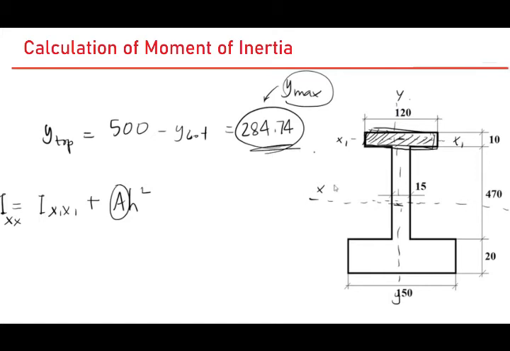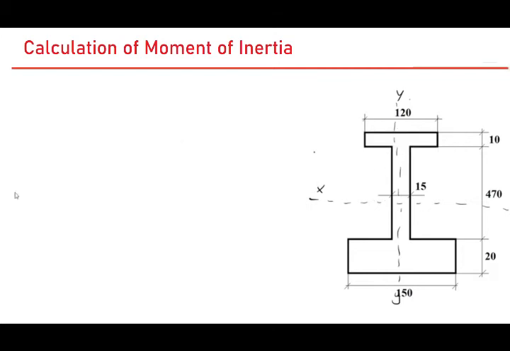That is this one from the top. So likewise, we need to calculate the Ixx of different areas and then sum it up. Now let's do that in the next step.